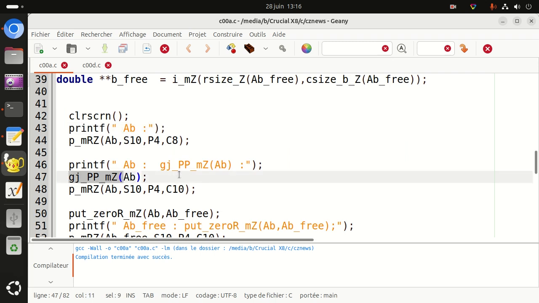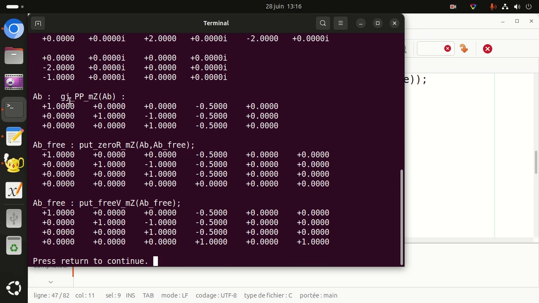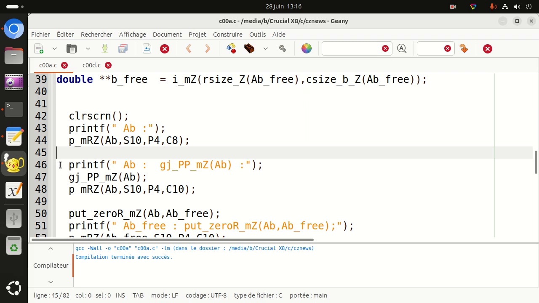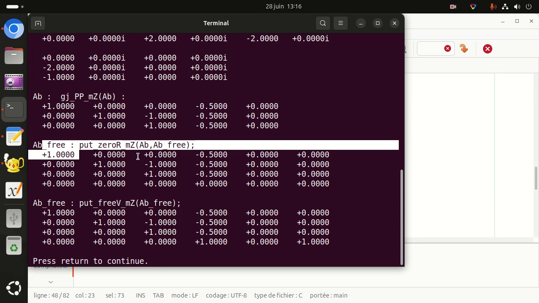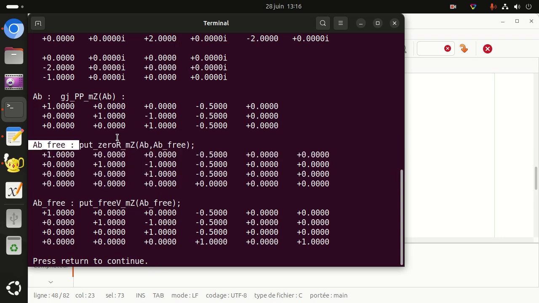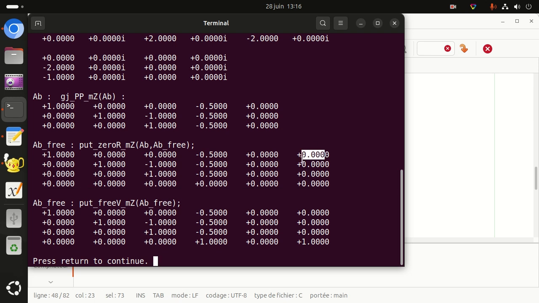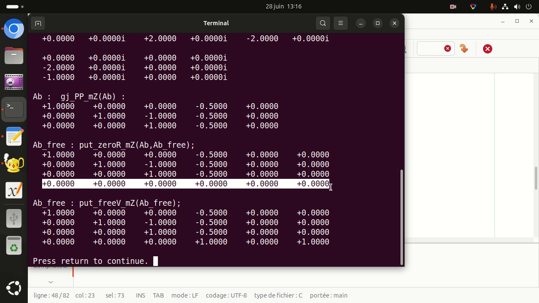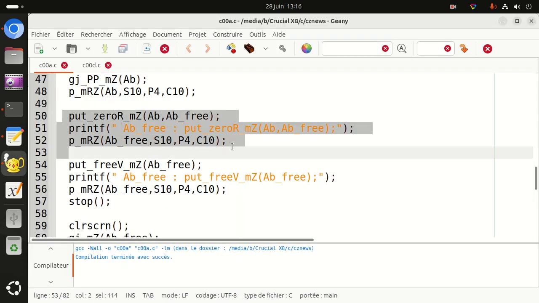Here I call the function Gauss-Jordan, partial pivoting. I call this function here. Now with this function I put the 0 line and the column 0 for the free variable and this line for the free variable.